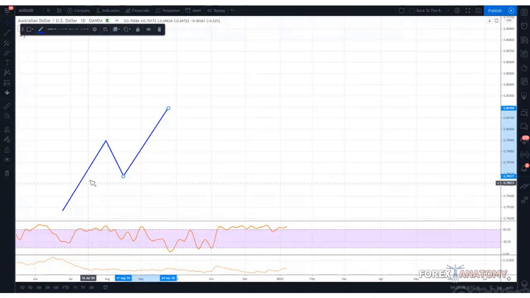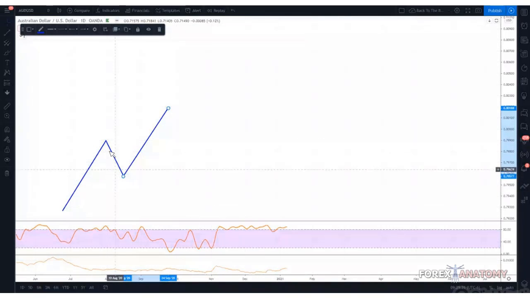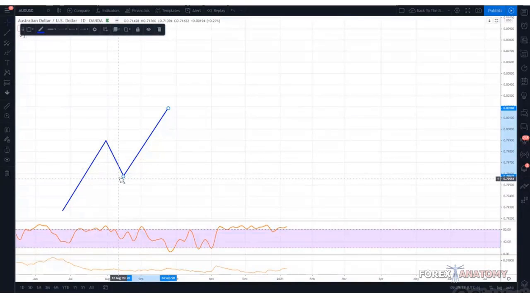Okay, so then if you look at the market, there are certain characteristics with each wave. This first leg right here is what we call the impulse wave or impulse leg. And typically the impulse leg is always followed by a corrective leg or corrective phase before we see another impulse leg or impulse phase.